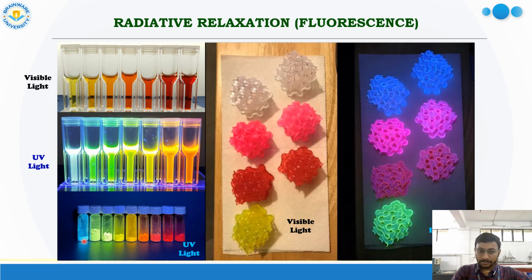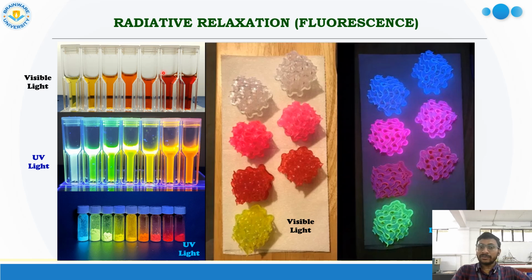Similarly, another set of fluorescent compounds emit light under UV light. In presence of visible light there is no emission, but in presence of UV light there is emission. So this is radiative relaxation, that is what we call fluorescence.